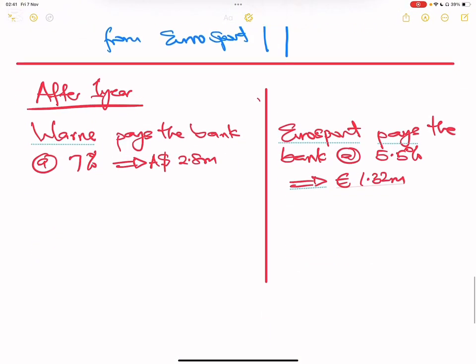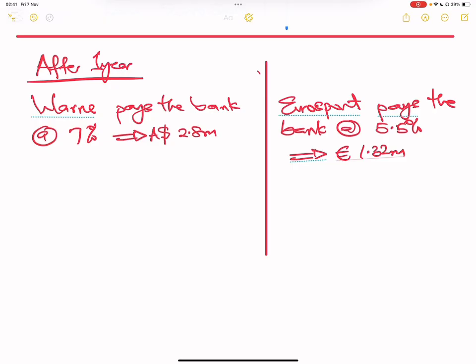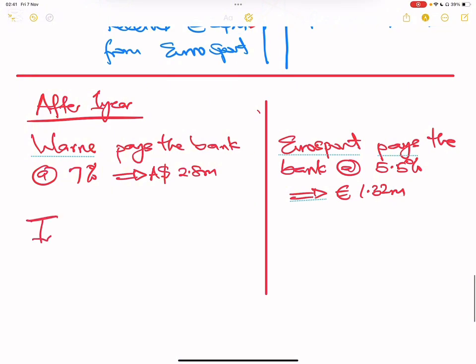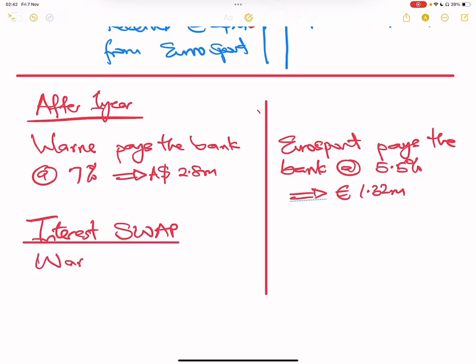Then the next thing again is to swap the interest. So this is followed by interest swap. Remember, they initially swap the principal, now interest swap follows. And what is going to happen? You can already know because it's a refund session, which means that one will have to refund Eurospot.